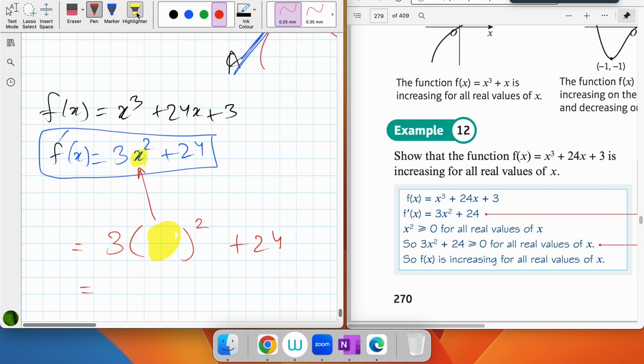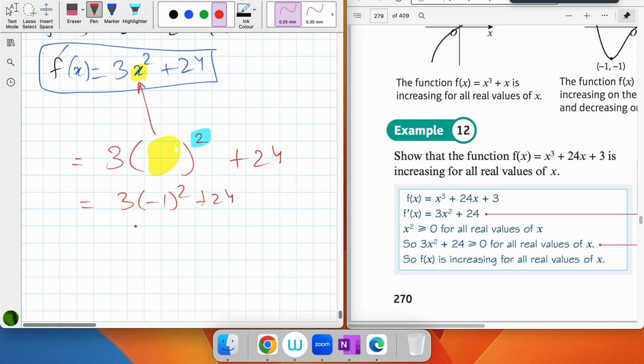You have this square on it. Whatever you substitute in this, a negative value or anything, it doesn't matter. It is always positive. So the gradient is always positive, so yes, it is an increasing function.